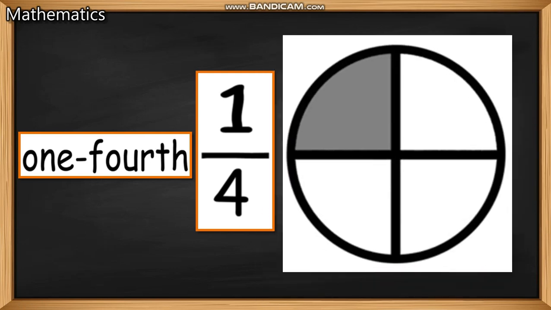I cut that circle into how many equal parts? 4 equal parts. 1, 2, 3, 4. Then I shaded one part of the circle. I cut into 4 equal parts and shaded one part. How can we read this? 1/4 of the circle is shaded, or you may say 1 by 4 part of the circle is shaded.